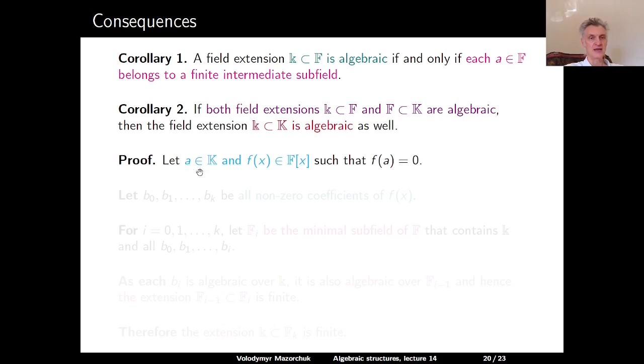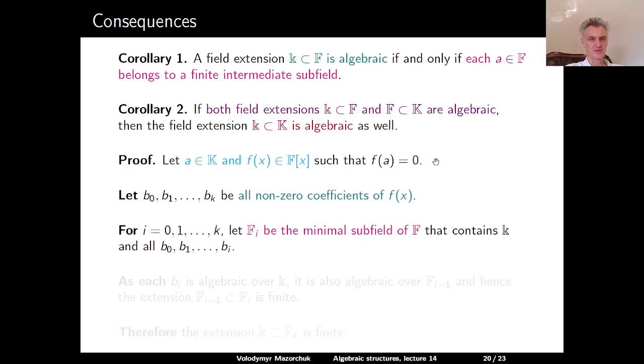Proof. Let a be an element in the bigger field capital K, and f(x) be a polynomial with coefficients in F such that f(a) is 0. Let b0, b1 and so on up to bk be all non-zero coefficients of this polynomial f(x). For i between 0 and k, let F_i be the minimal subfield of F that contains our little k field and all b0, b1 and so on up to bi.